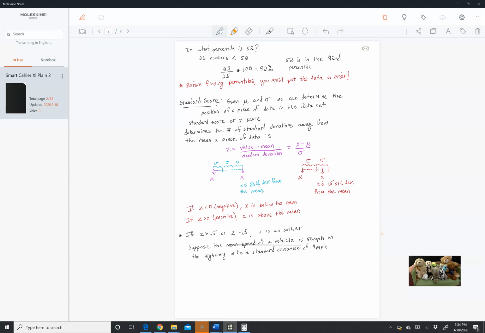And I'm going to change this to vehicles so that it's clearer. So if we take the speed of all of the vehicles on the highway, the mean is 56 miles per hour and the standard deviation is 4 miles per hour. So we're going to determine the z-score for 3 different cars.